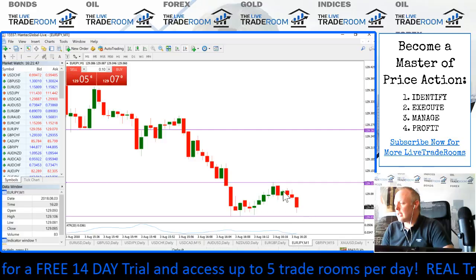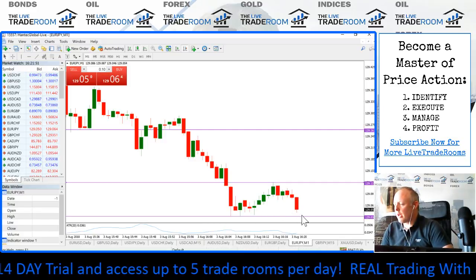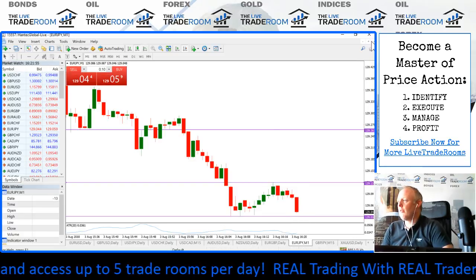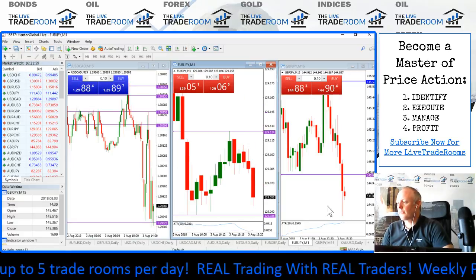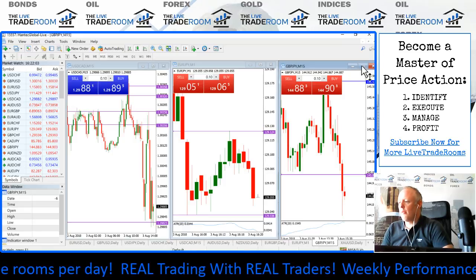So as a simple trade idea, if we get a close below the 129.03 level, we could look to sell it and place a stop loss above that level if we decide to get in to the euro yen. And let's see how this stacks up with the pound yen.